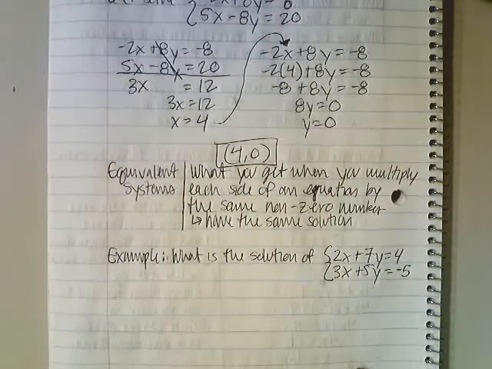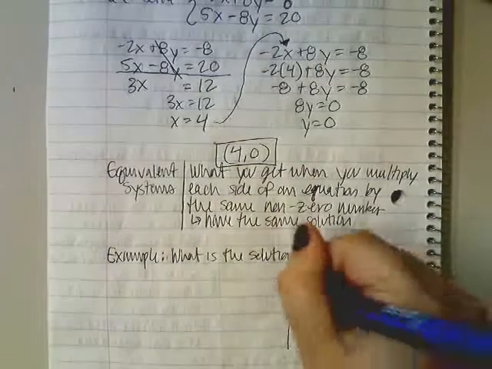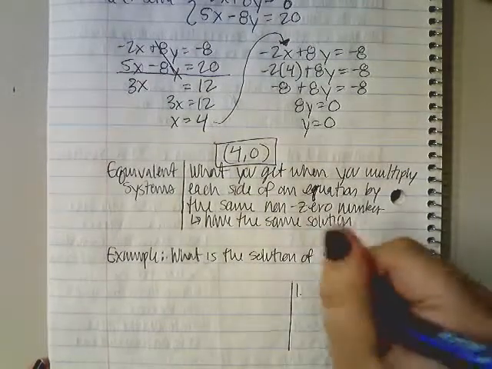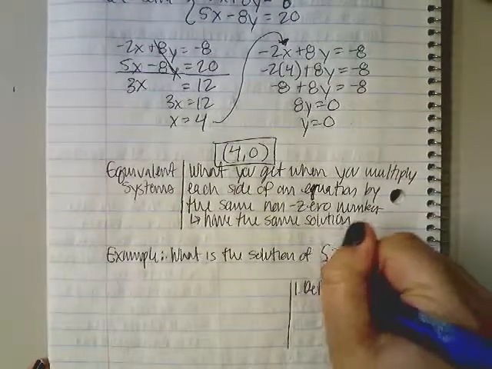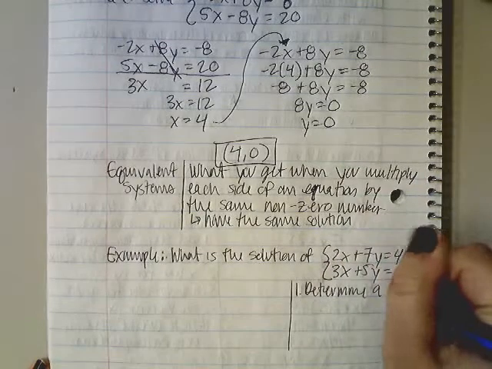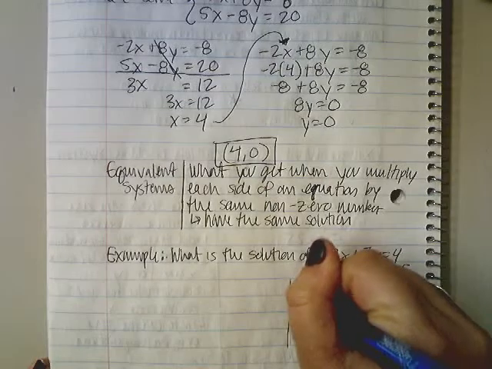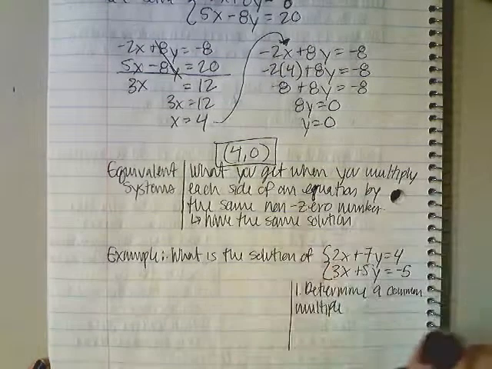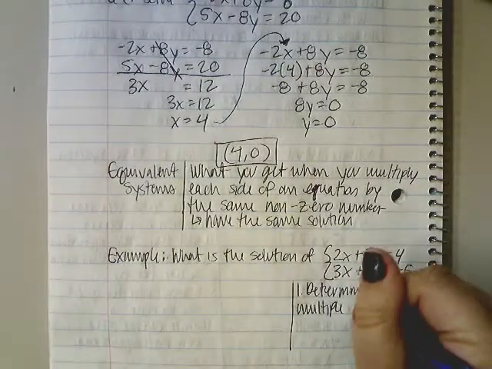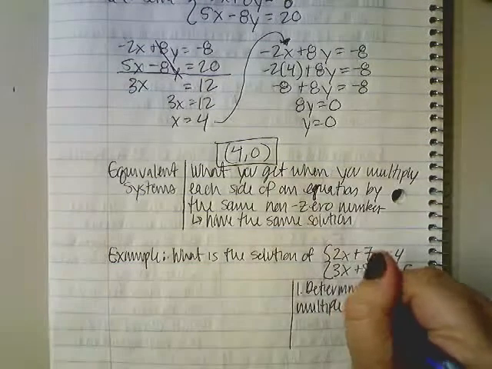All right, so what we're going to do here, step 1, we're going to determine a common multiple for the coefficients of one variable. So a common multiple is a number they both go into.